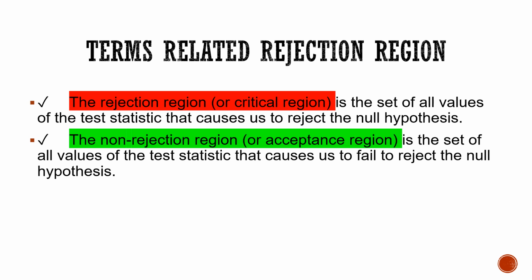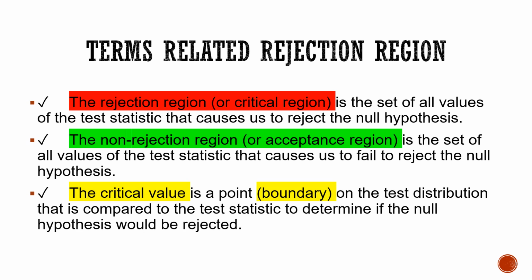It refers to the set of all values of the test statistic that causes us to fail to reject the null hypothesis. And the third is the critical value, which is also known as the boundary on the test distribution that is compared to the test statistic to determine if the null hypothesis would be rejected. These three terms will be illustrated as we move along.